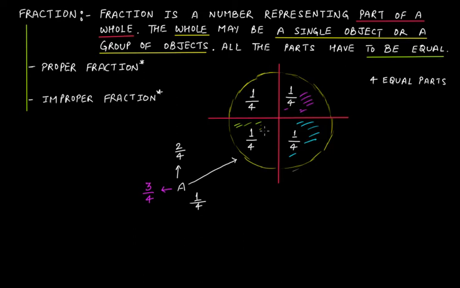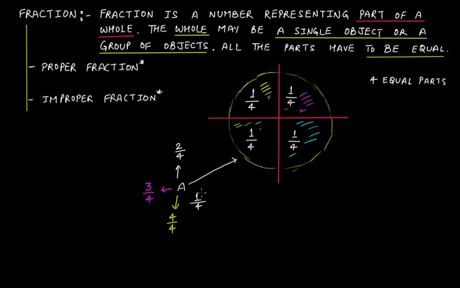If that person takes this part, this part, this part, and finally even this part, now this person will say that I have 4 by 4. That is the fourth part, and this 4 is telling you the total number of parts it has been divided into.